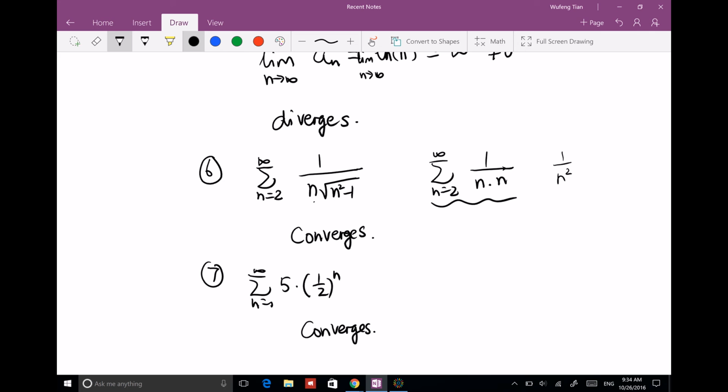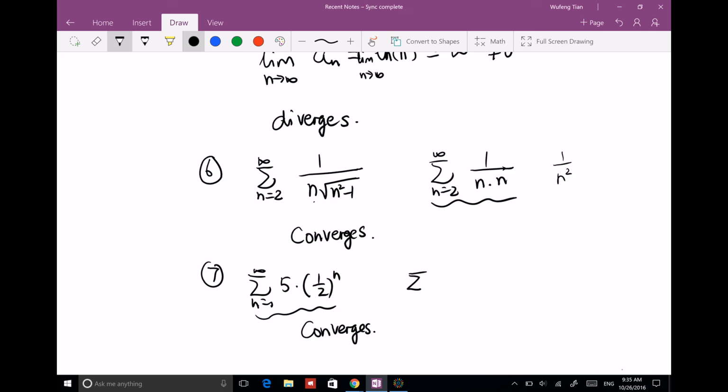So, can you tell me why you think this one converges? Anyone else? Yep, go ahead. It converges to a over 1 minus r because r is less than 1, I think. Okay, this is a geometric series.